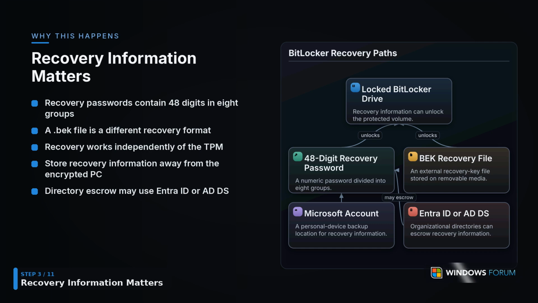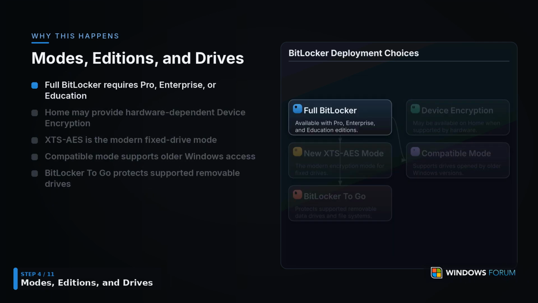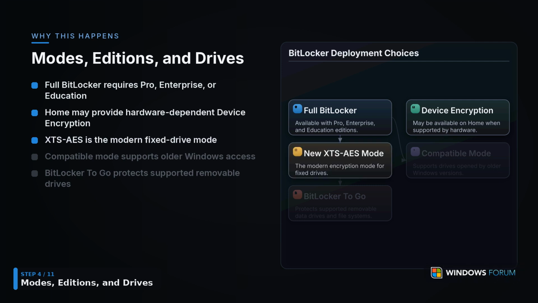Full BitLocker management is available on Windows 10 and 11 Pro, Enterprise, and Education editions. Home editions may offer hardware-dependent device encryption instead, so missing controls can reflect your Windows edition rather than a TPM failure.